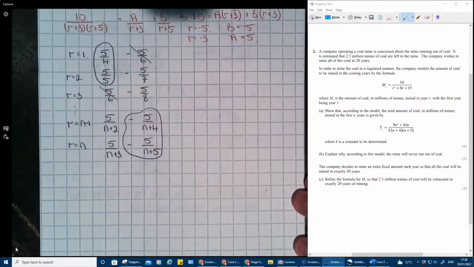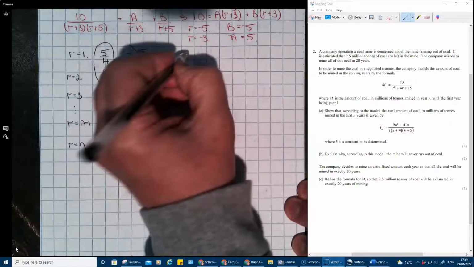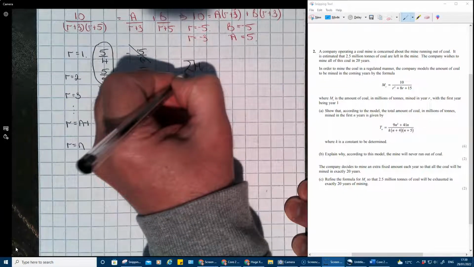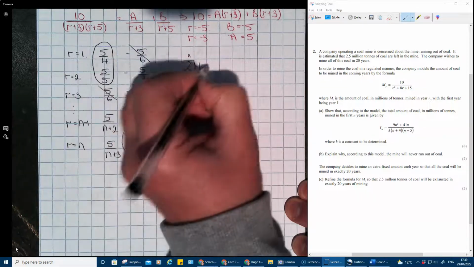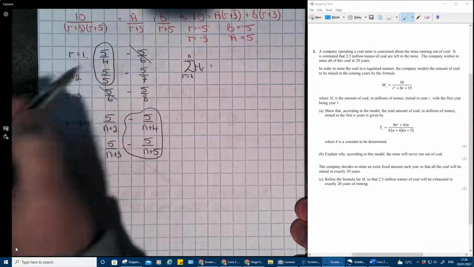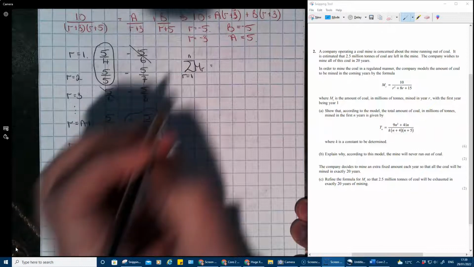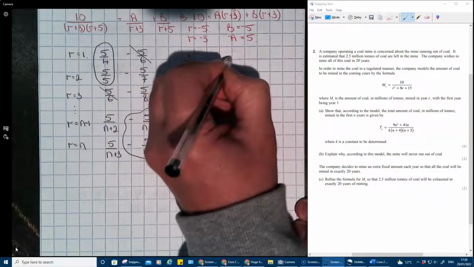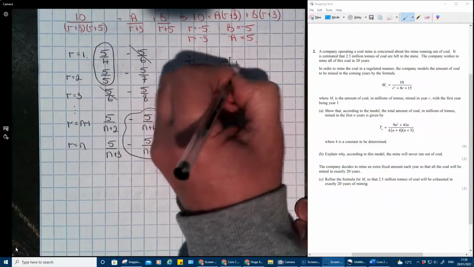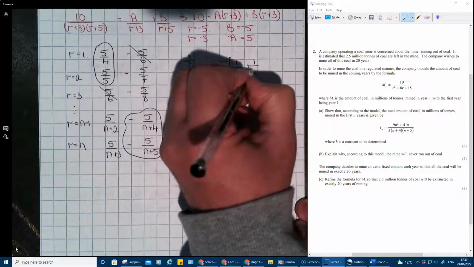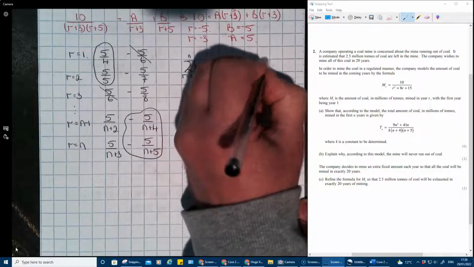So therefore the sum of MR from R equals 1 to N equals these two, 5 quarters plus 5 fifths. So take the 5 out. We've got 5 lots of a quarter plus a fifth, which is 9 quarters times 5, minus 5 lots of 1 over N plus 4 plus 1 over N plus 5.